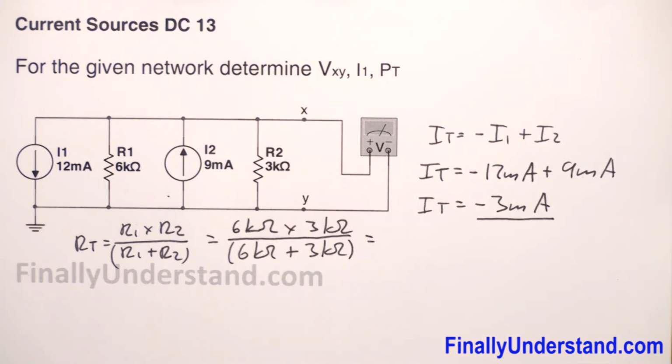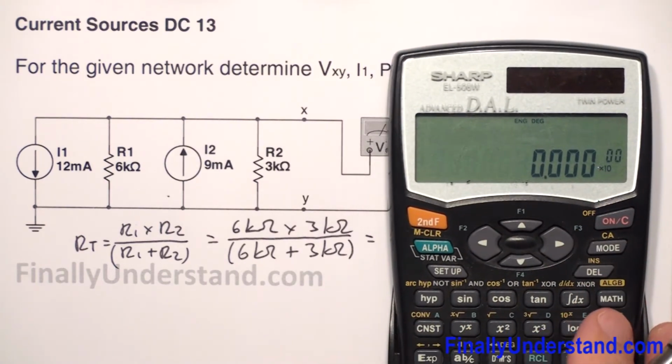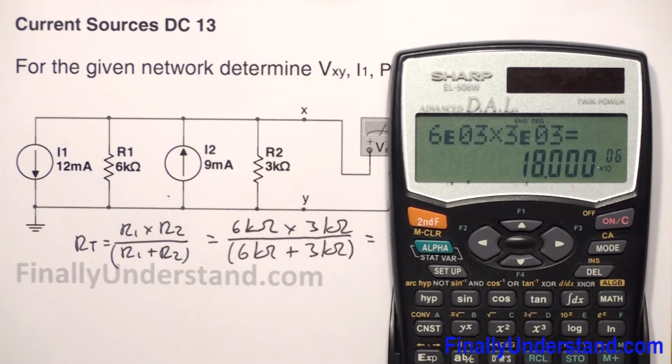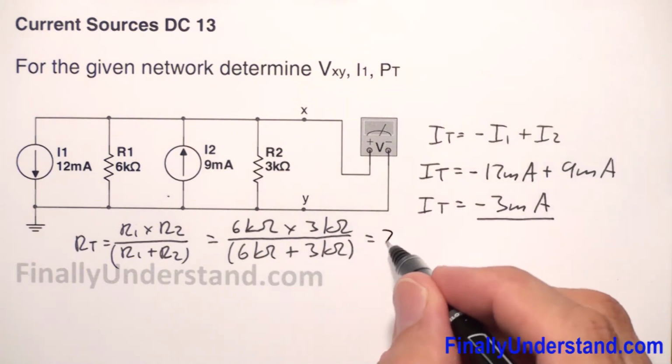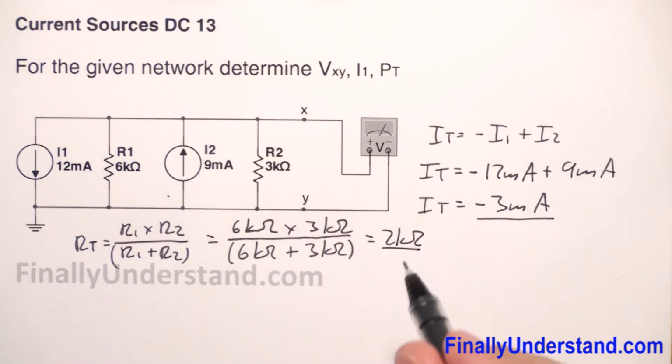This is equal to (6 exponent 3 times 3 exponent 3) divided by (6 exponent 3 plus 3 exponent 3), which equals 2 kilo ohms.